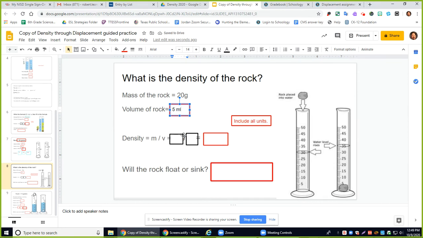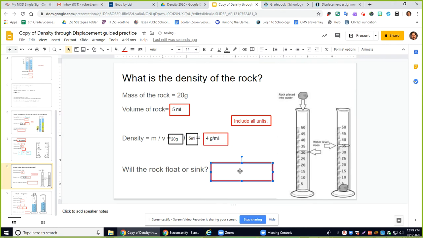Okay, density is equal to mass divided by volume. So our mass was given to us as 20 grams. And our volume was given to us as 5 milliliters. What is 20 divided by 5? 4. 4 what? 4 grams per milliliter.